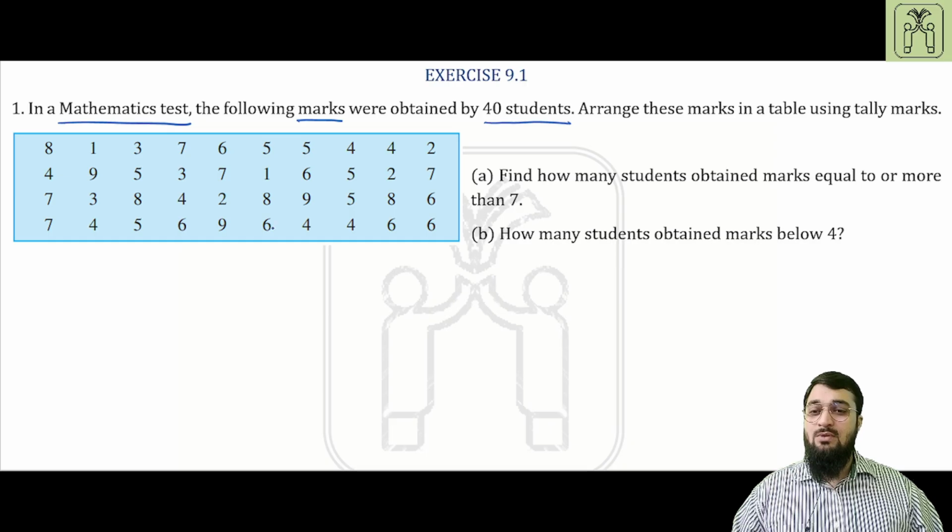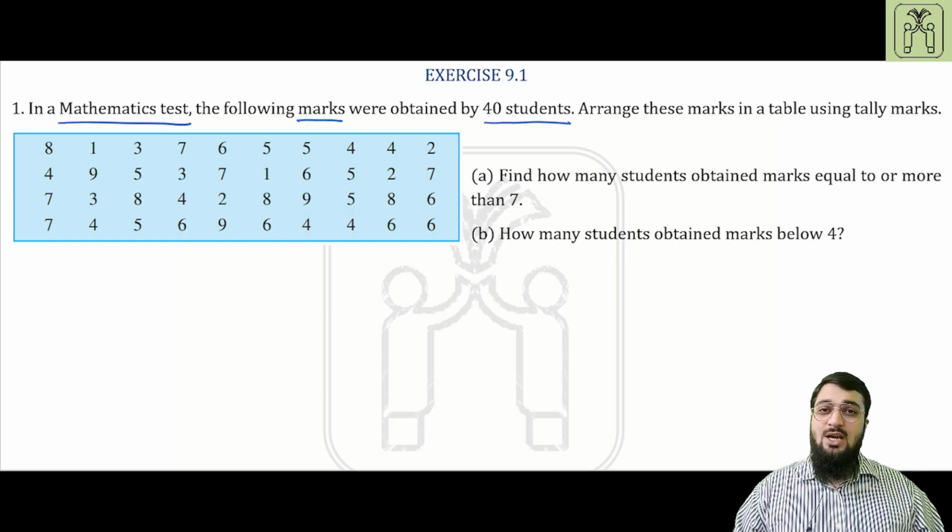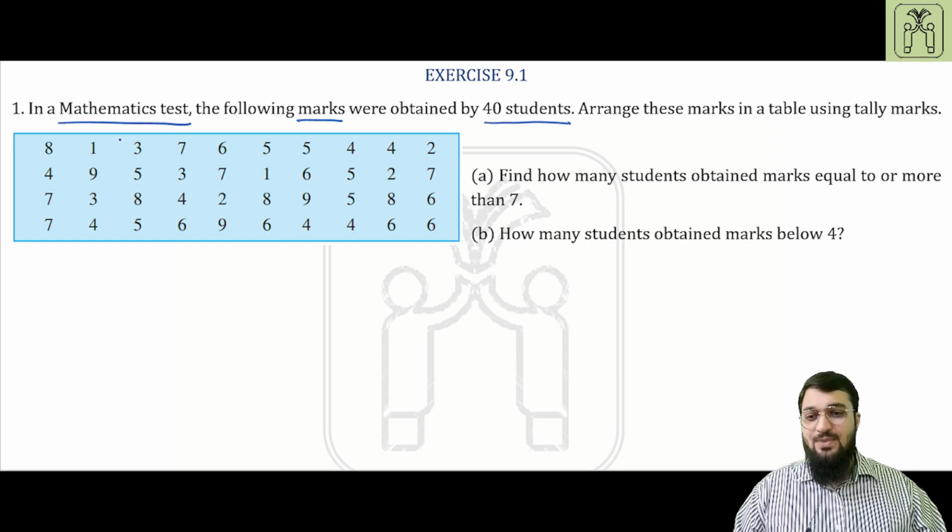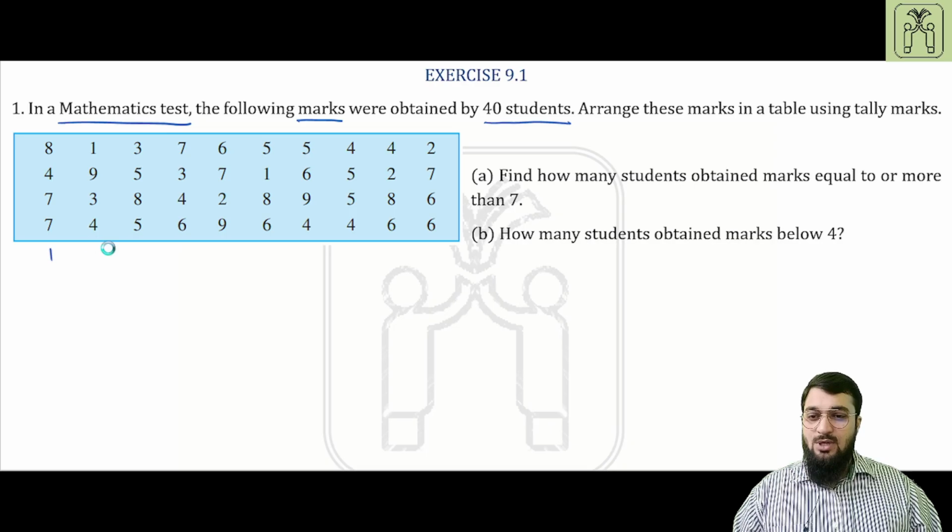So first of all, we will look at the data that has been collected and try to analyze it in order to organize it in a tabular and much more meaningful form. So the marks obtained are 1, 3, 4, also 2, and 4, and then 5 has also been obtained.